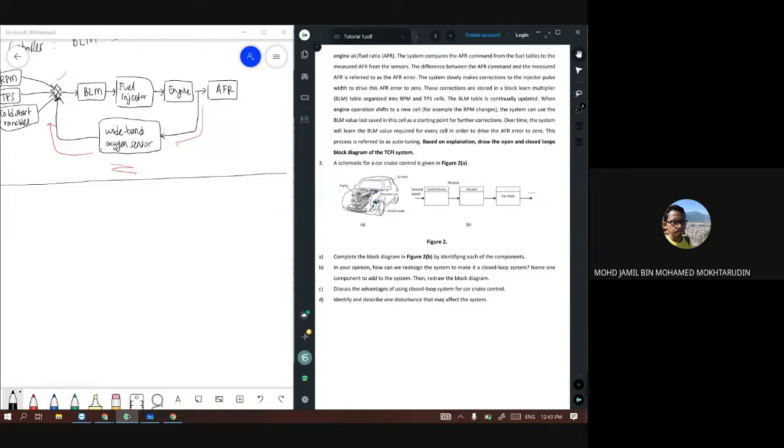Okay, so this is a car system for car cruise control. Car cruise control is basically a system that automatically controls the car speed. In this figure, we have a desired speed. Let's say we want to drive at 80 kilometer per hour. So we have to control something.